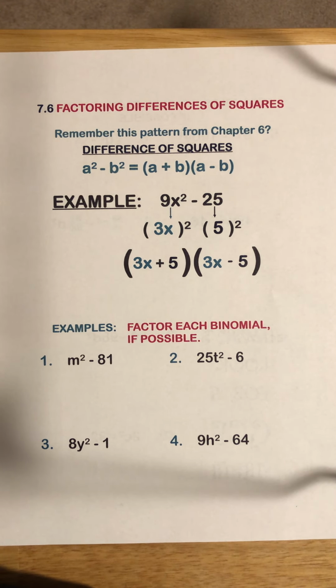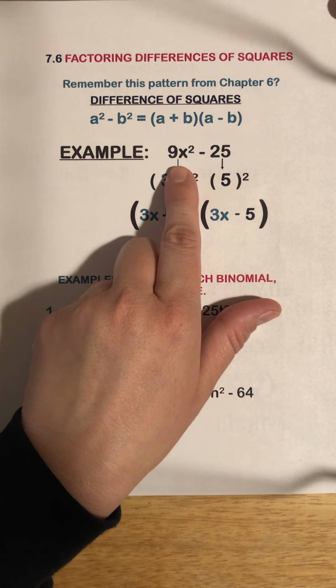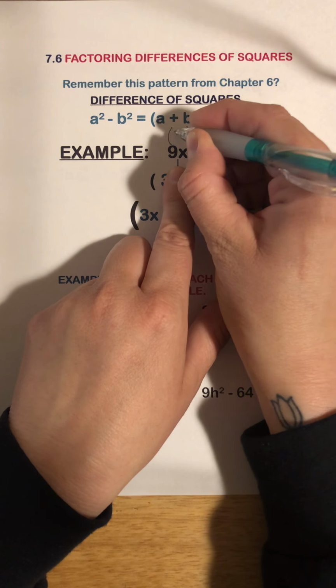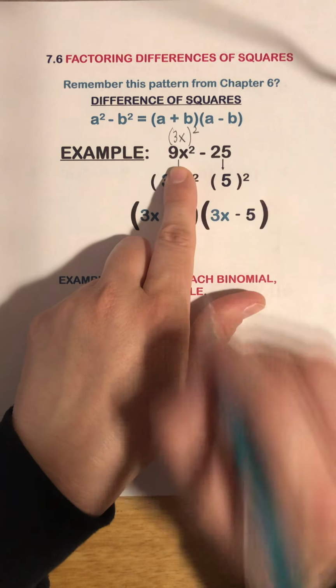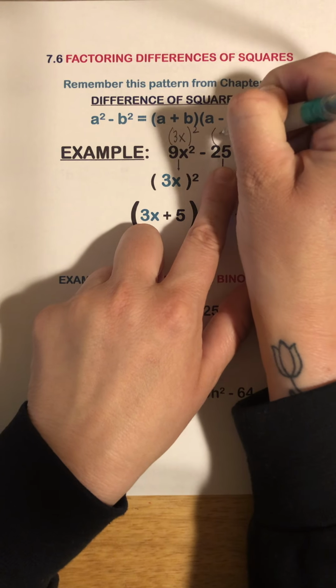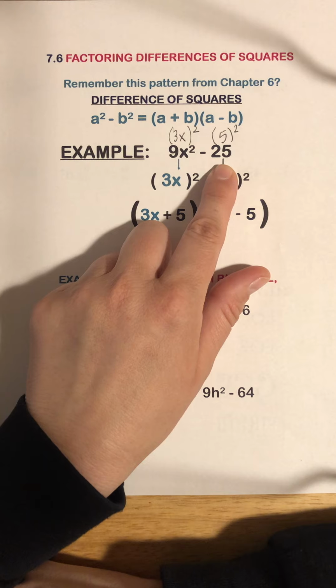So if you look at the first example, we do have a minus sign, so that takes care of the difference. 9x squared is a perfect square because I can multiply 3x times itself to get 9x squared. 25 is also a perfect square because I can multiply 5 times itself to get 25.